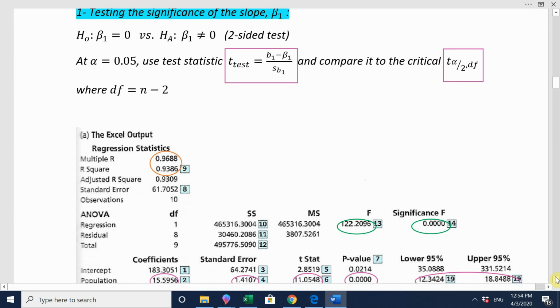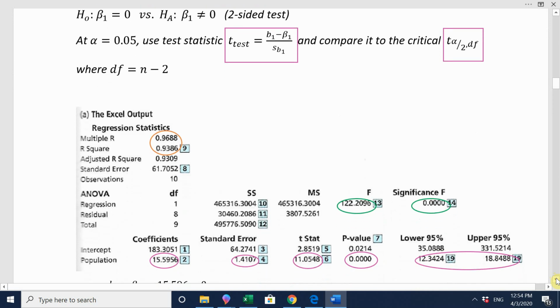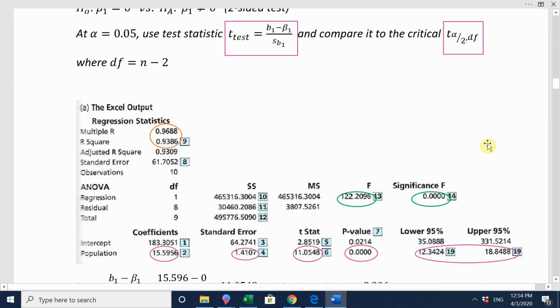Excel is the most widely used package out there, but of course there are plenty of other statistical packages, but I'm going to use Excel here to illustrate my examples. So in Excel, this is what we get when we apply the regression analysis tool to our sample observations.